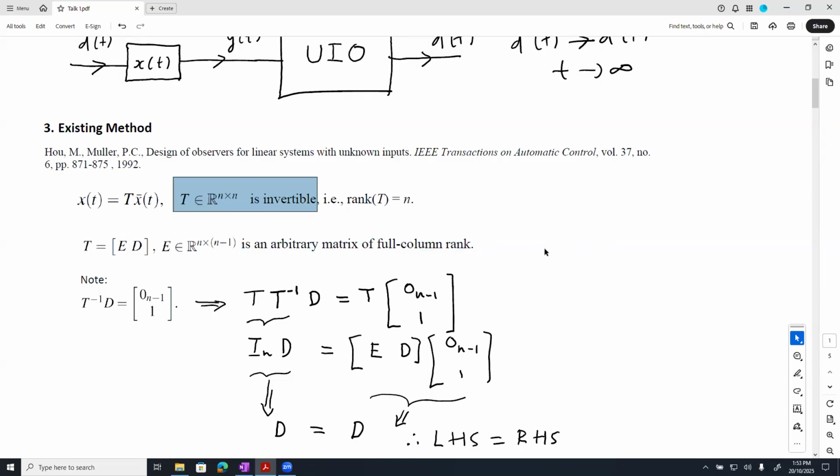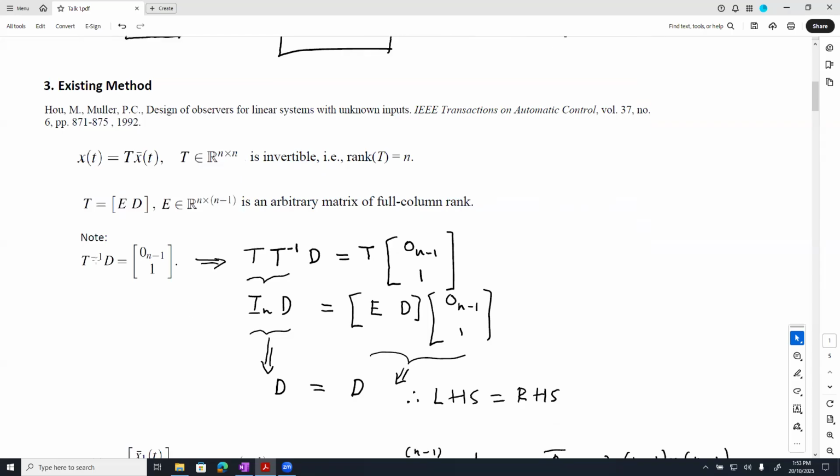The significant feature of this transformation matrix is that when we take the inverse of T and multiply by D, it gives us this special form: a zero column of dimension n minus 1 and an entry 1. That will be very useful.